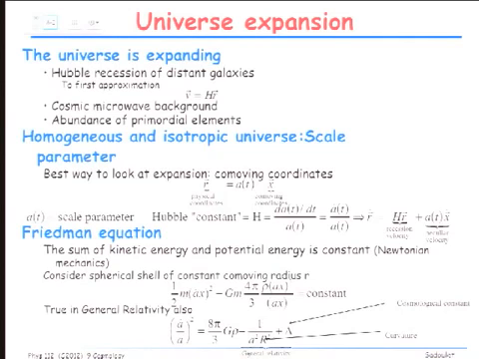So the physical coordinates are related to co-moving coordinates by a certain expansion scale factor. Okay, A dot over A is the Hubble constant, and this is given by 8 pi over 3 rho plus constants. If the universe is flat, let's put this constant to 0.